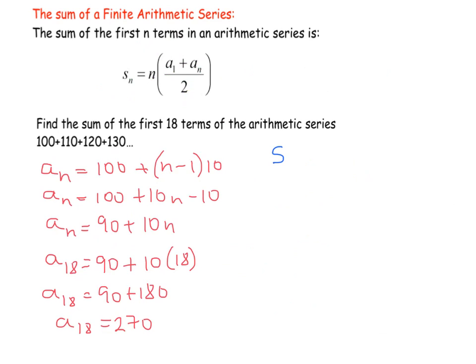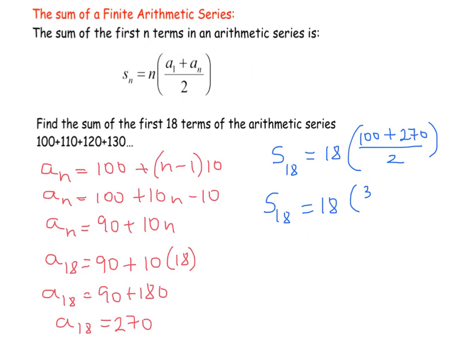So now I'm going to go ahead and find the sum. So the sum of 18 terms will equal 18 times 100 plus 270, divided by 2. So the sum of the first 18 terms will be 18 times 370 divided by 2.